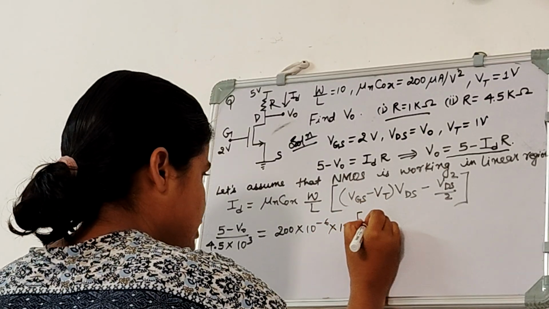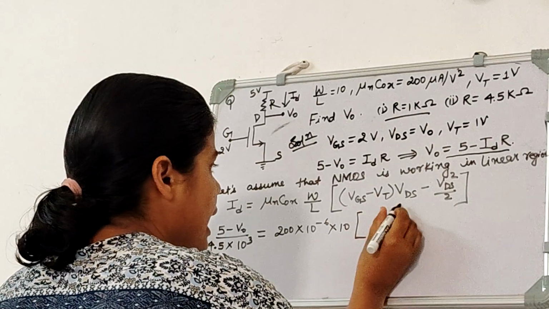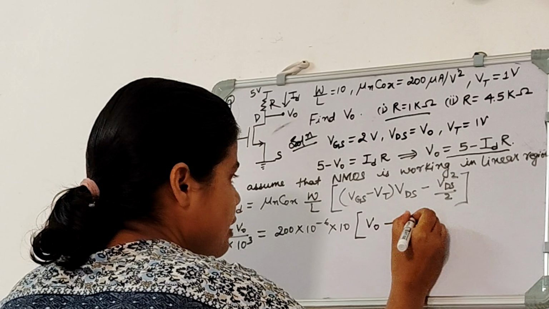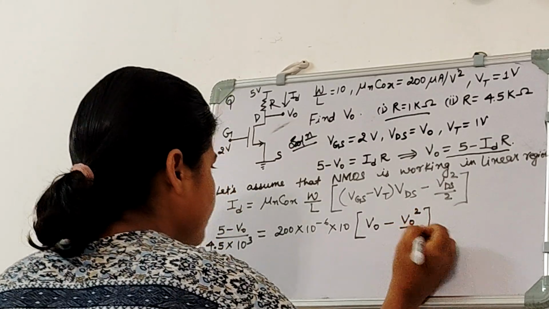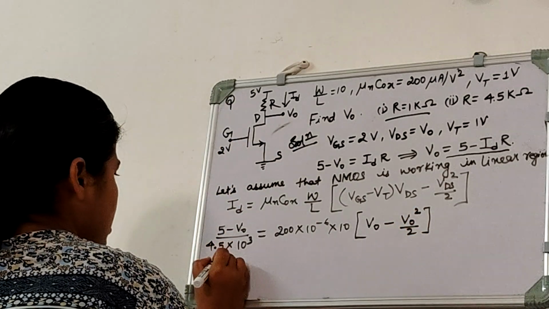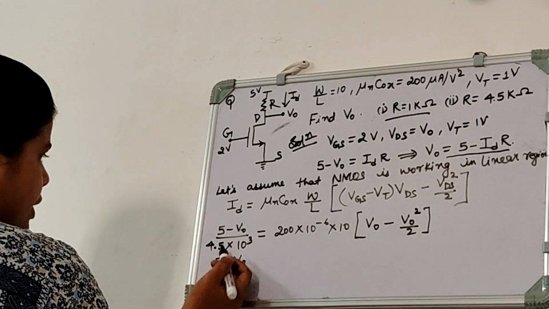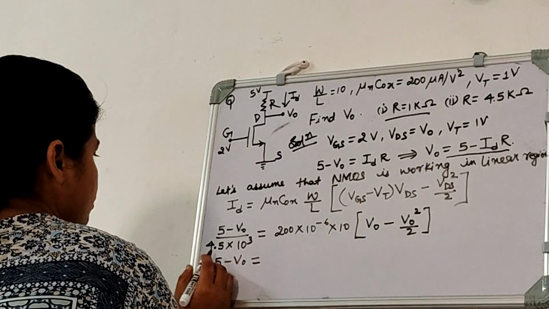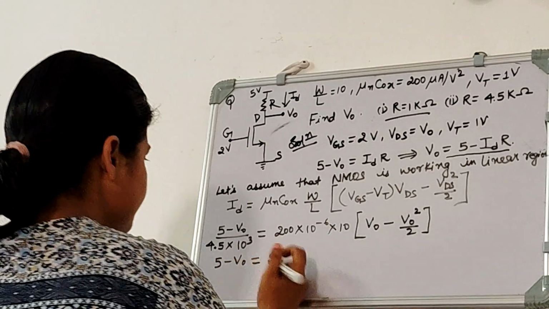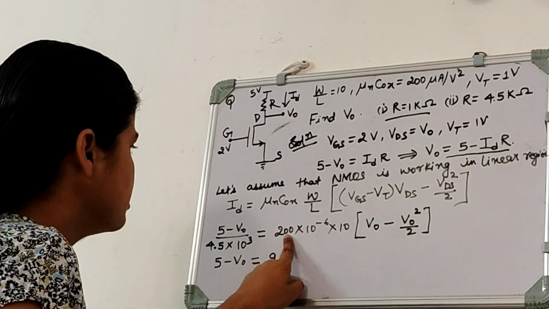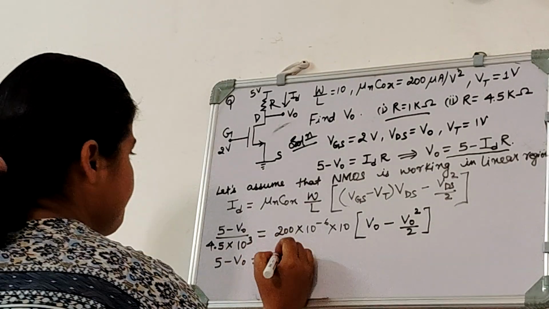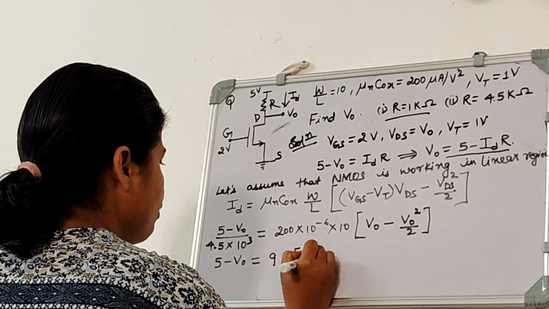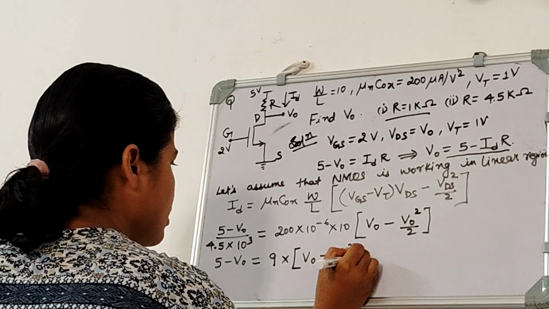Then VGS minus VT is 1 because 2 minus 1 is 1. And in place of VDS we will write V naught, and in place of VDS again we will write V naught, so V naught square upon 2. So if we take this 4.5 into 10 raised to power 3 to the RHS, what will we get? 4.5 into 2, that will be 9. And then 10 raised to 3 and 10 raised to minus 6 cancel out to give 9 only. And then 9 into V naught minus V naught square upon 2.